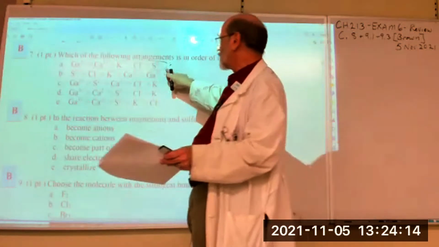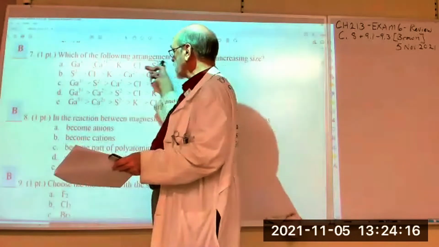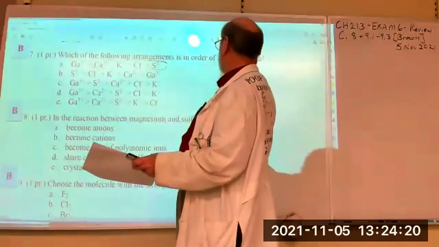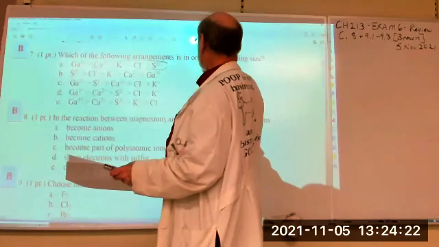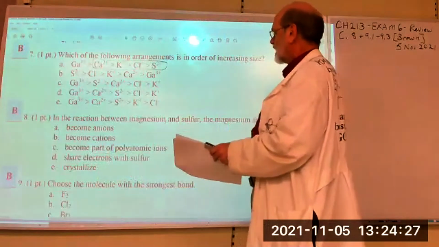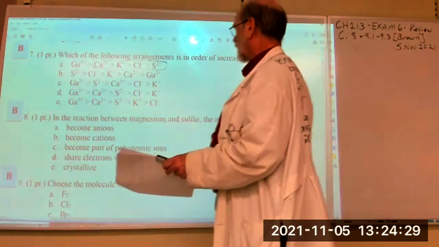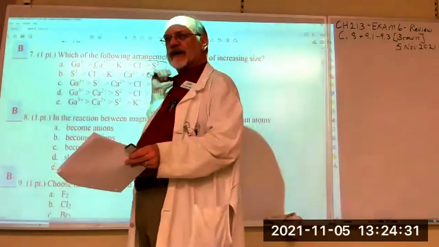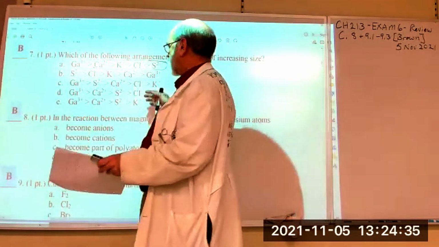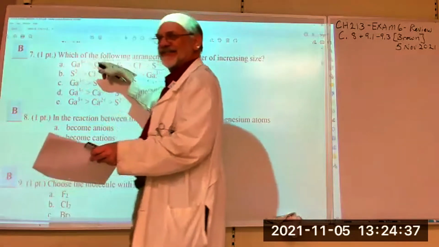So we increase the protons from this direction and it increases in order of increasing size. You know, that's not even answered right. In order of increasing size should be left to right, right? So increasing size is on this end.